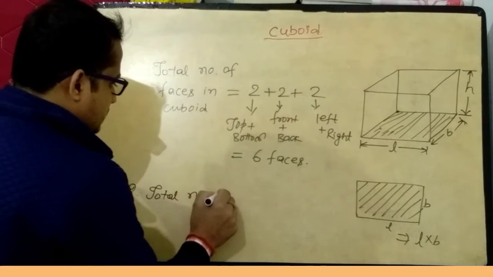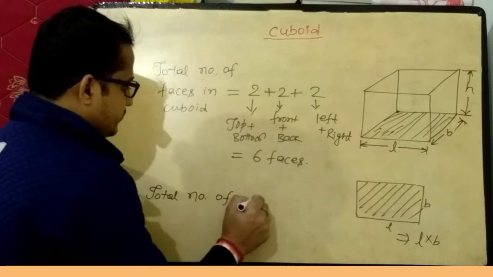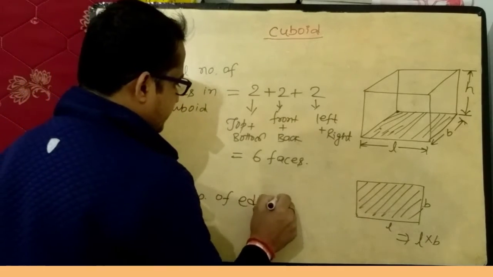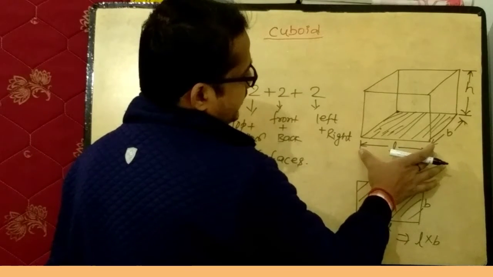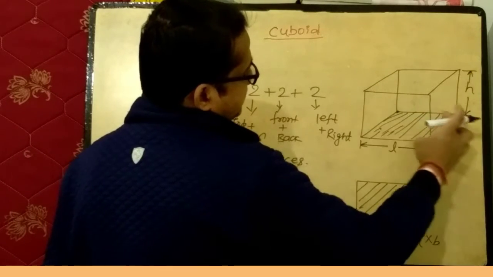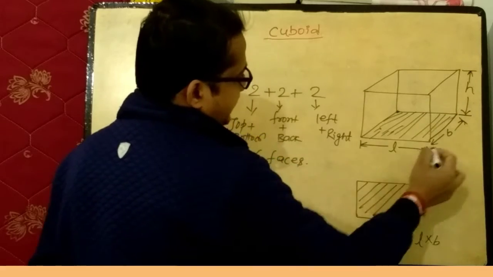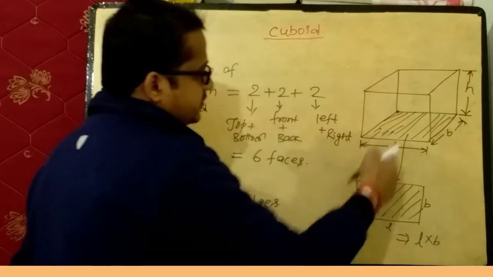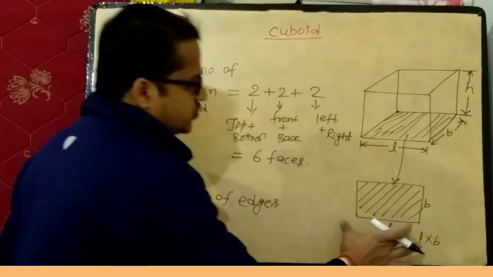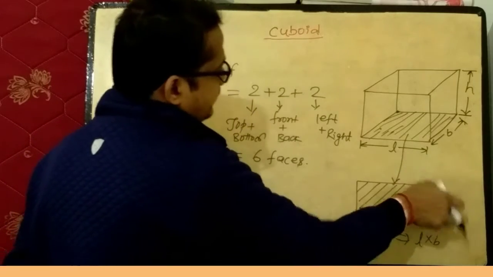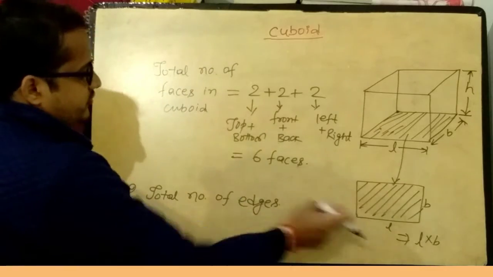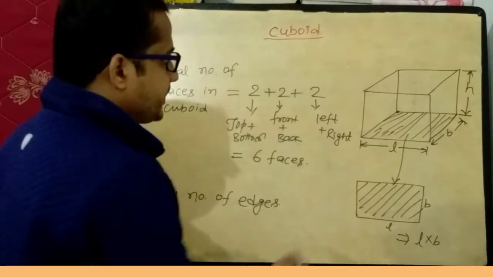Next, total number of edges. So there are total 1, 2, 3, 4 separately. I have drawn the base portion over here. So there are total 1, 2, 3 and 4. This is 4 number of edges for bottom.